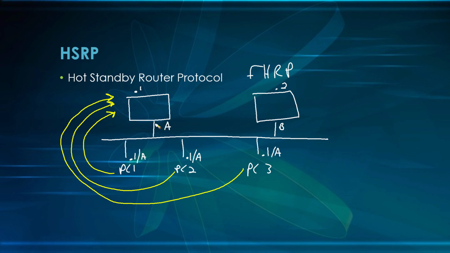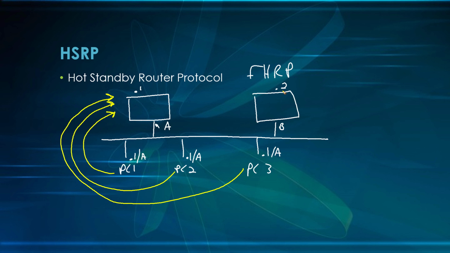But what happens if this link right here, this MAC address A, this switch, whatever, fails? Well, the devices down here, the PCs, would have to get some sort of update. Assuming that all the PCs have manually configured IP addresses, someone's going to have to walk around and manually configure each one of the PCs with a new default gateway.